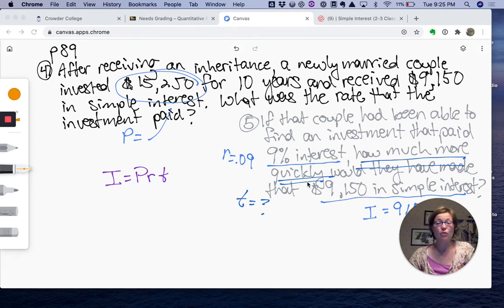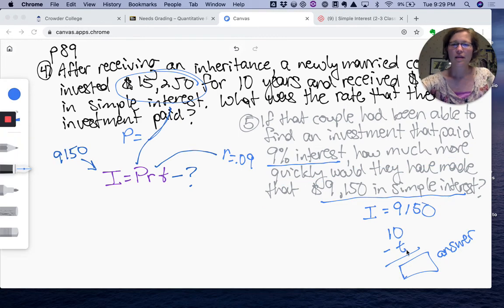If you think that you would forget that, in the excitement of finding T, it might be a good idea to just jot a note. Remind yourself, how much more quickly? 10 minus T equals box, my answer. So here I have my little note to remind myself. After I find T, I still have a little bit left to do.